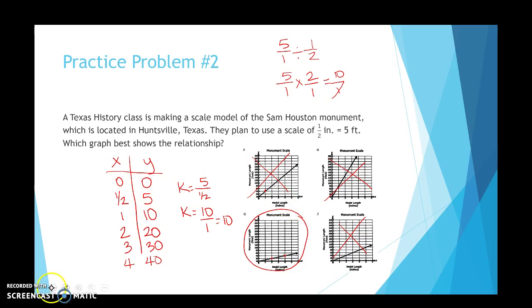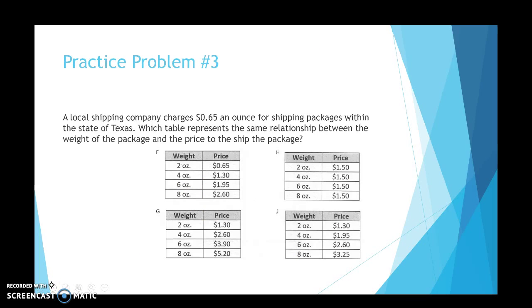Let's try one more together. A local shipping company charges 65 cents an ounce for shipping a package within the state of Texas. Which table represents the same relationship between the weight of the package and the price to ship it? So it's 65 cents per ounce. We're looking at price and we're looking at ounces.